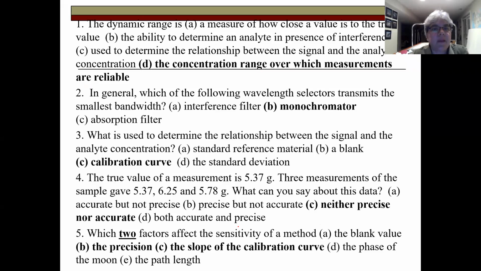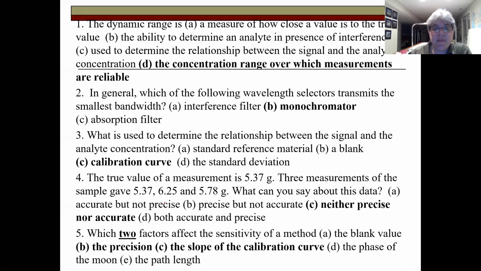All right, then there were some multiple choice. So this again was simple definition. Dynamic range is the concentration range over which measurements are reliable. Wavelength selector with the smallest bandwidth, monochromator. Used to determine the relationship between the signal and concentration, that's the calibration curve.